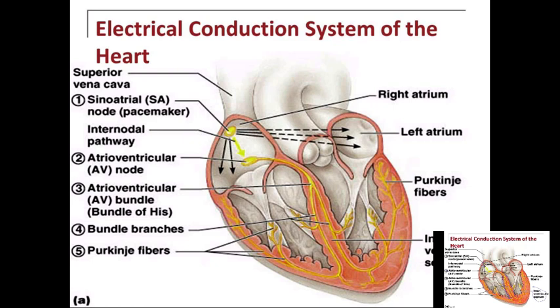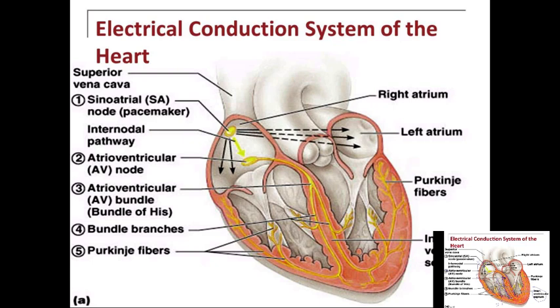Now remember I said how the atria, when they contract, contract superior to inferior? But when the ventricles contract, they're going to contract inferior to superior. And the only way that happens is the electrical impulses have to hide themselves in the interventricular septum, where now you've got this bundle of His, and the bundle of His then separates into these bundle branches, a left and a right bundle branch.